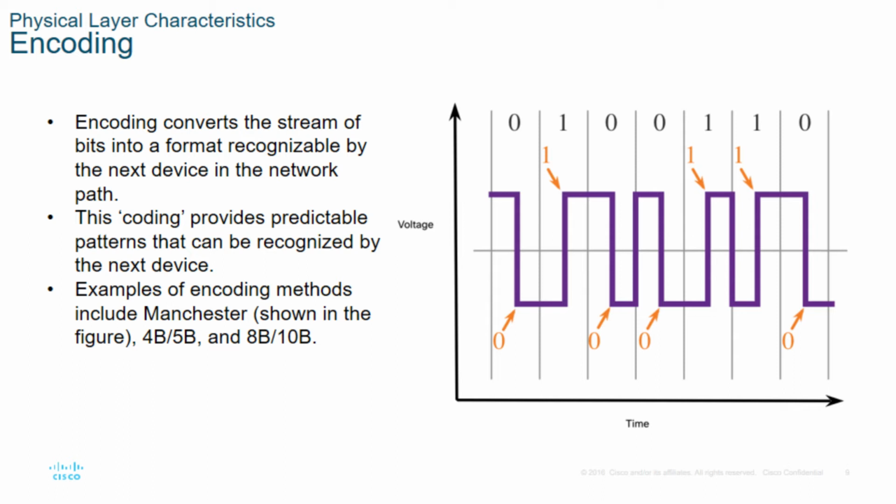The transition occurs in the middle of each bit period, and this type of encoding is used in 10 Mbps Ethernet, and faster data rates require more complex encoding. Encoding is used in older Ethernet standards such as 10BASE-T, and Ethernet 100BASE-TX uses some other encoding techniques.